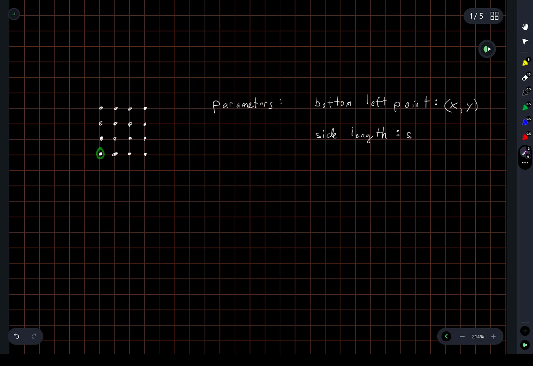So if that's the bottom left point, there are 3 possible side lengths we can have, 1, 2, or 3. If this is the bottom left point, there are only 2 side lengths that can be chosen, 1 or 2. If this is the bottom left point, there's only 1 side length that can be chosen, and it's 1.